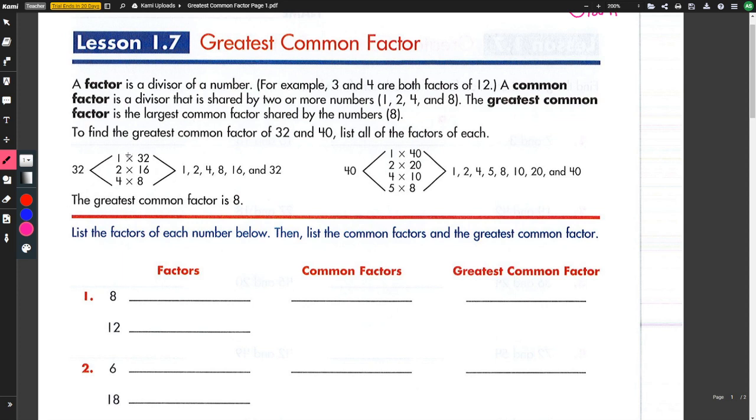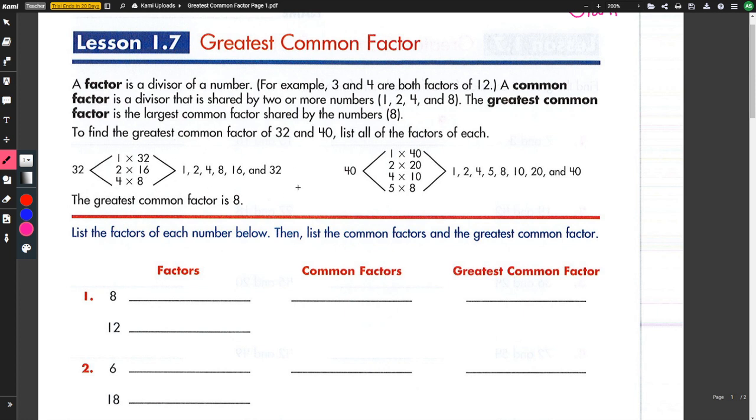So we have 1 times 32, that's always going to be a factor, 1 and whatever the number is. We have 2 and 16, and 4 and 8. Over here, we have 1 and 40, 2 times 20, 4 times 10, and 5 times 8. So our factors are 1, 2, 4, 8, 16, 32.